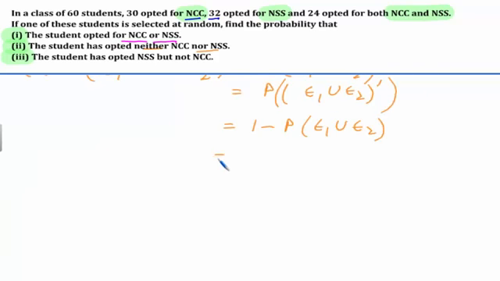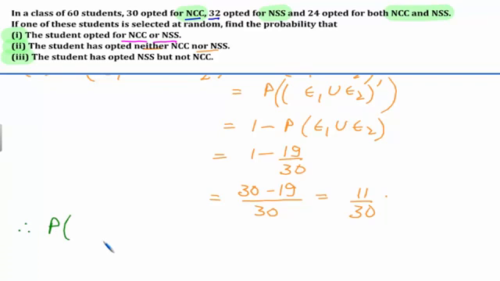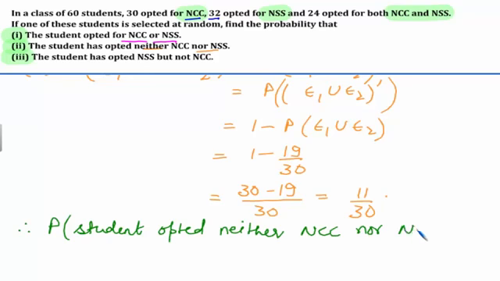So substituting this value, we have 1 minus 19 upon 30. So this is equal to, on simplification, 30 in the denominator, and in the numerator we have 30 minus 19, which is equal to 11 upon 30. Therefore, probability that the student opted neither NCC nor NSS is equal to 11 upon 30.